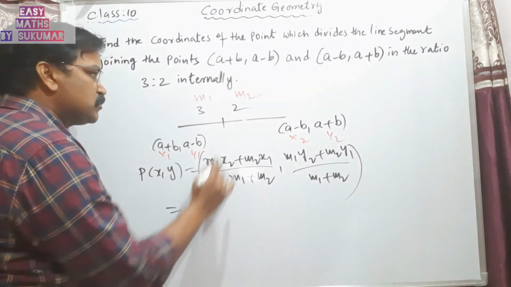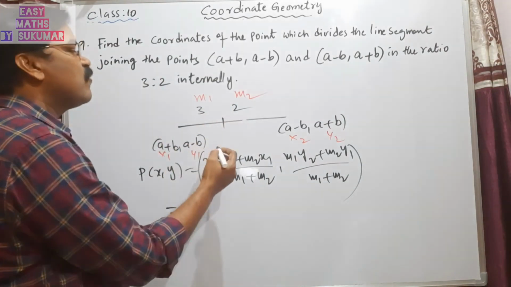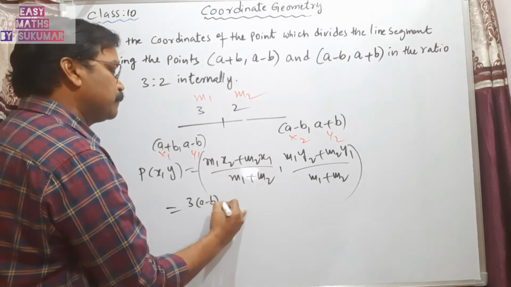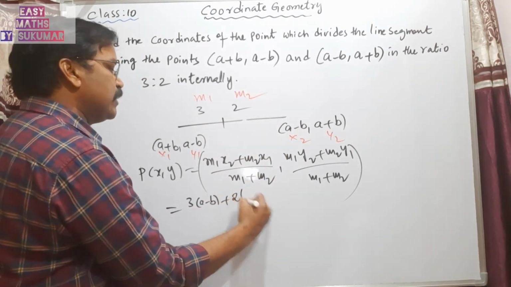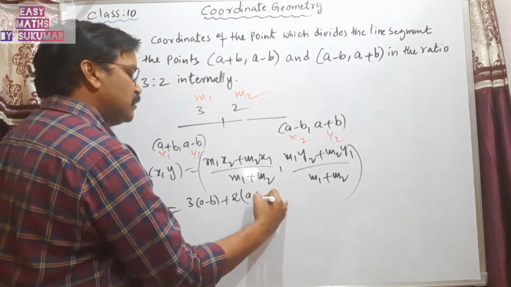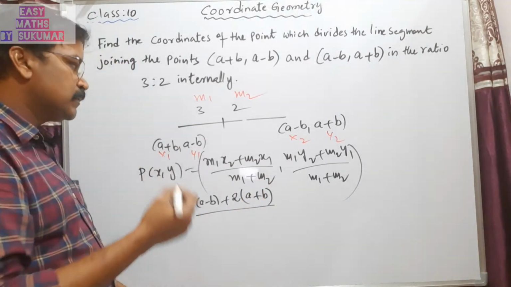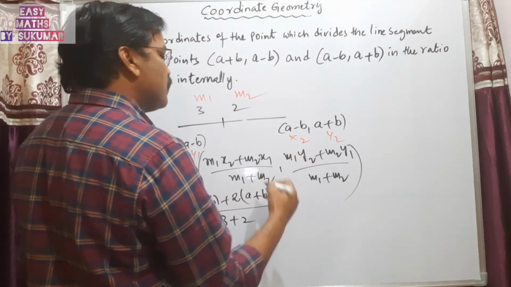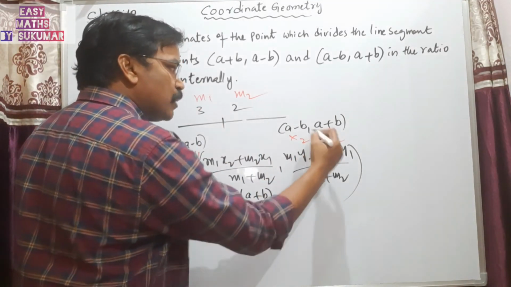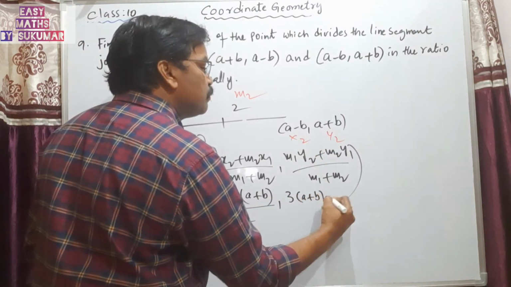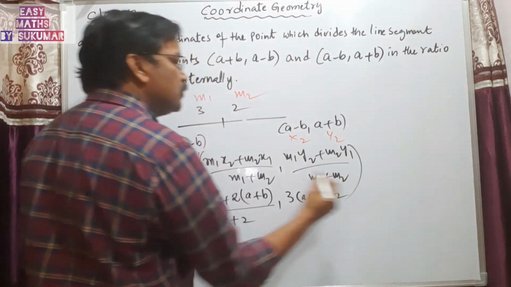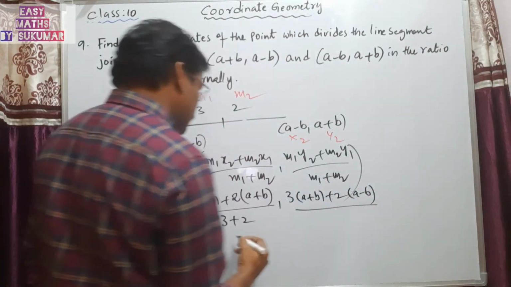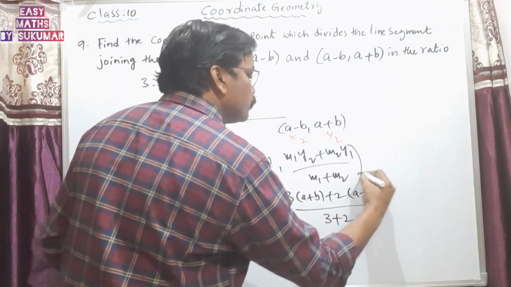So the coordinates of this point is m1 means 3 into x2 is a minus b, plus m2 means 2 into x1 means a plus b, by m1 plus m2, that is 3 plus 2, comma m1 y2, that is 3 into y2 is a plus b, plus m2 means 2 into y1 is a minus b, whole by 3 plus 2.